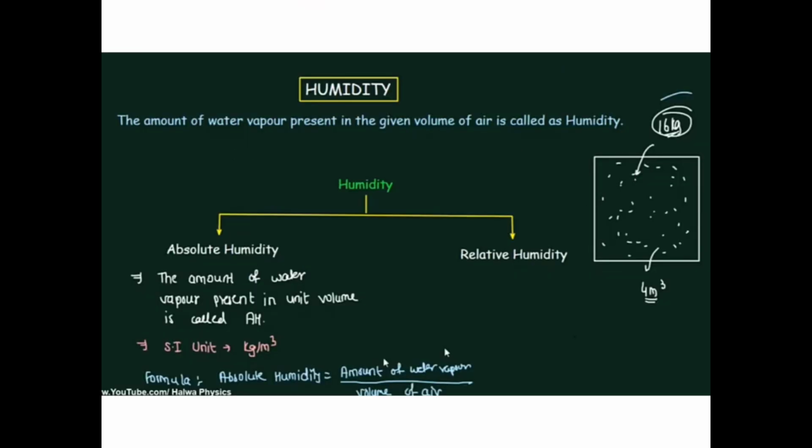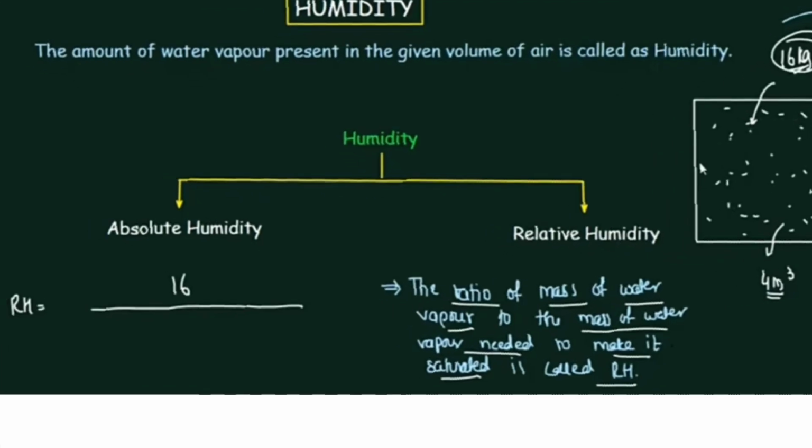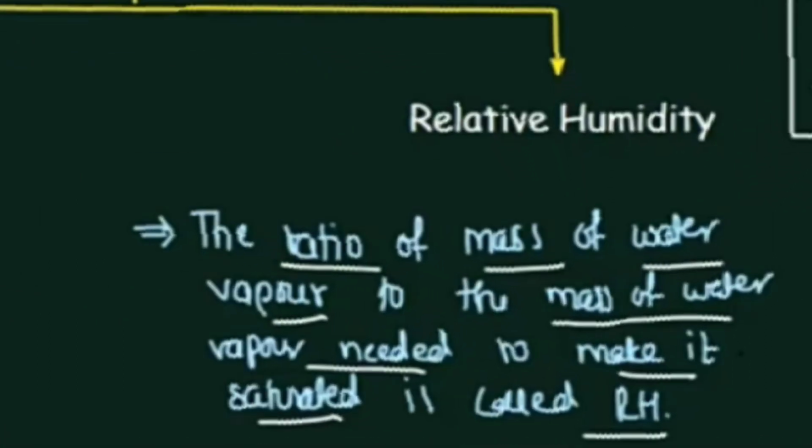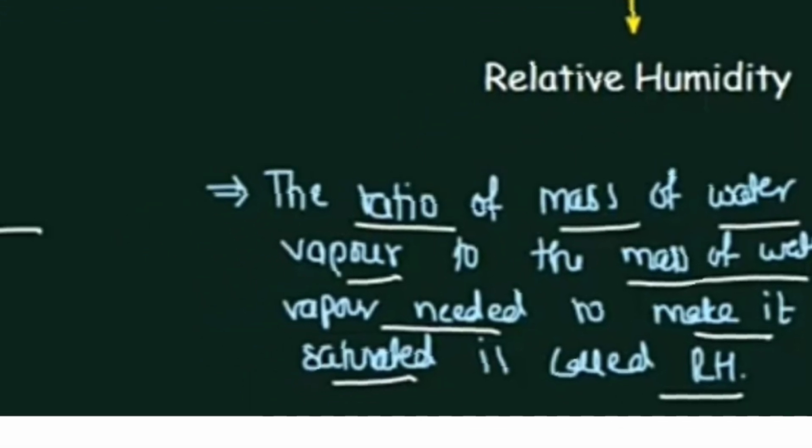Okay. Now let us come to the next part, which is called the relative humidity. The ratio of, I'll repeat, it's a ratio. The ratio of mass of water vapor to the mass of water vapor needed to make it saturated is called relative humidity.